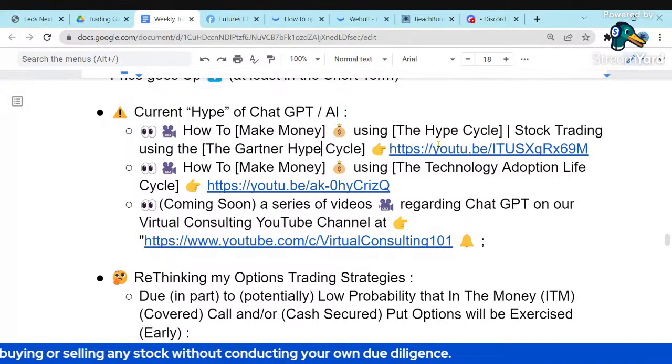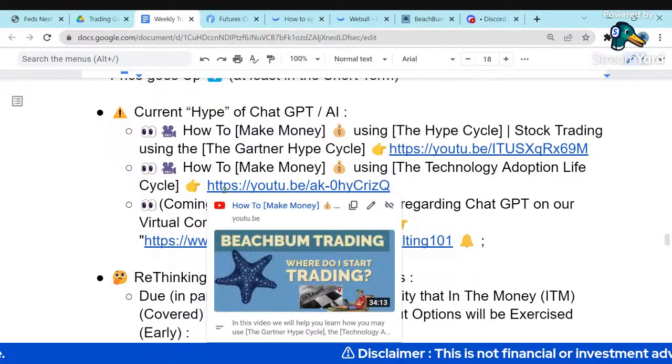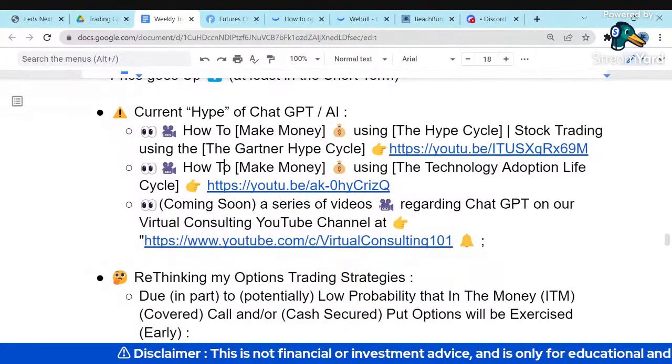I would highly recommend that you understand how this works. Also the technology adoption life cycle, and how to make money based on adoption, crossing the chasm, etc.